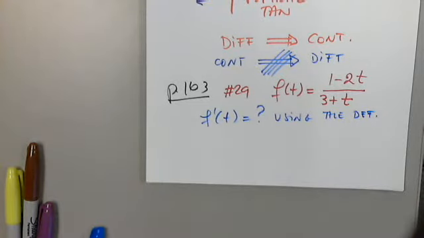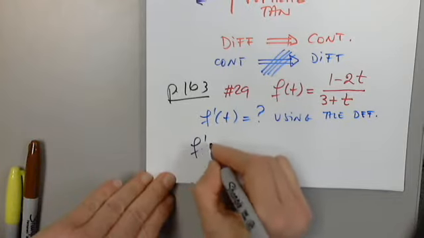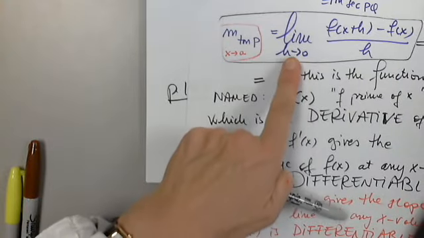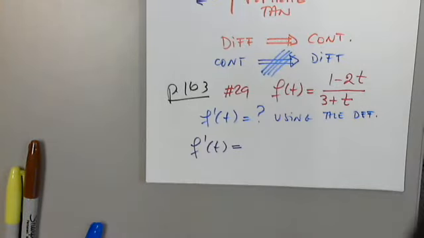So what is the definition of f prime of t or f prime of x? F of t plus h. Yes, but it's the limit. So any derivative is the limit of the difference quotient.